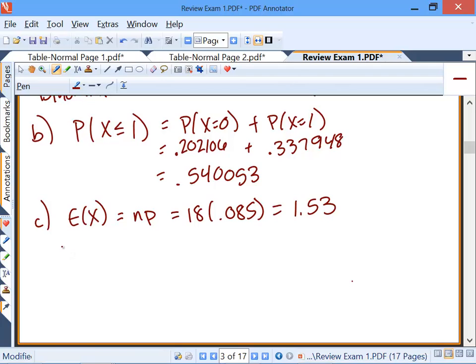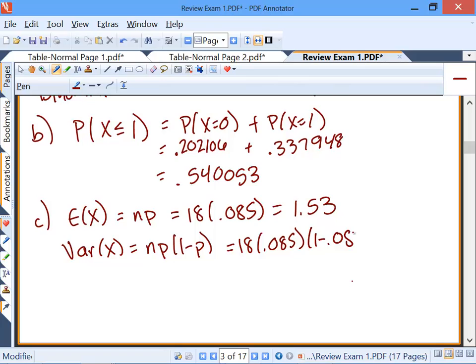Now the problem doesn't ask you for the variance, but on the test I might ask you to tell me the variance or the standard deviation. So the variance is n times p times 1 minus p. So 18 times 0.085 times 1 minus 0.085, which is 1.399.